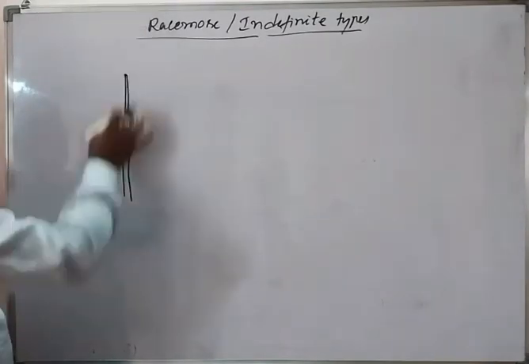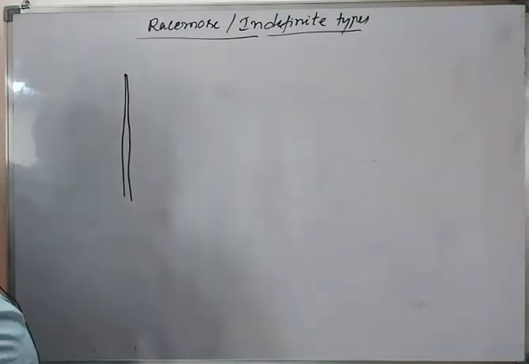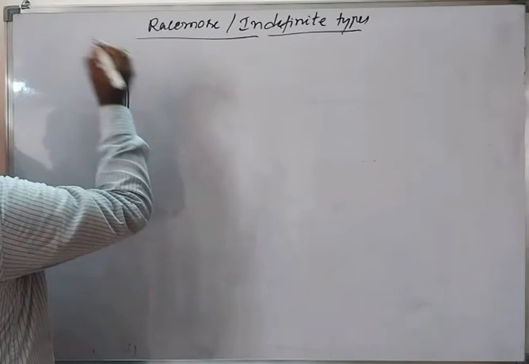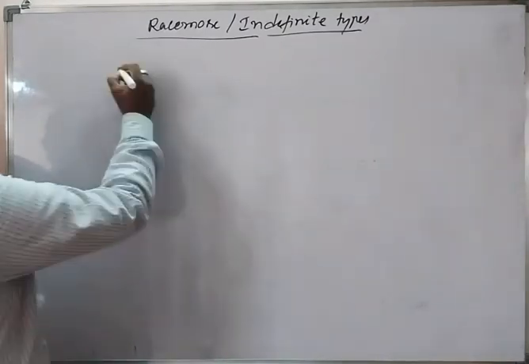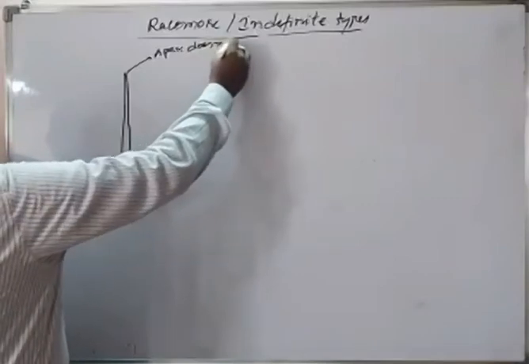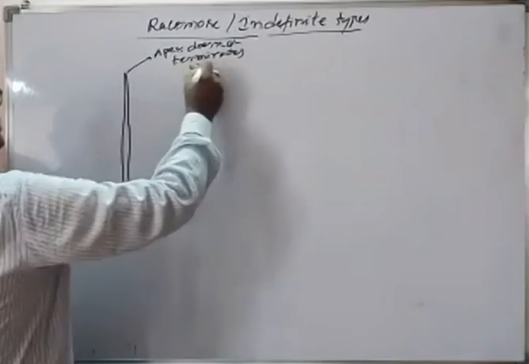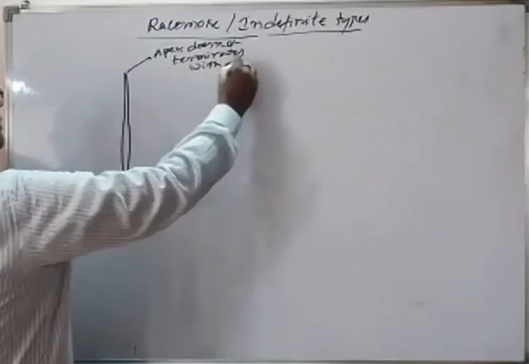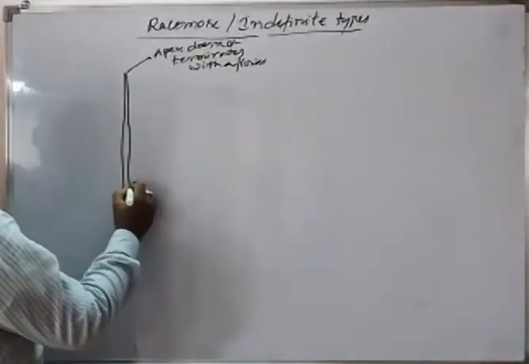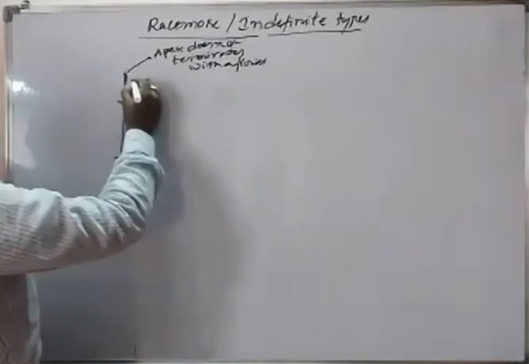Peduncle means axis of the inflorescence. It grows indefinitely. Why? Because apex does not terminate with a flower. This is apex. Apex does not terminate with a flower. Flowers are produced laterally like this.